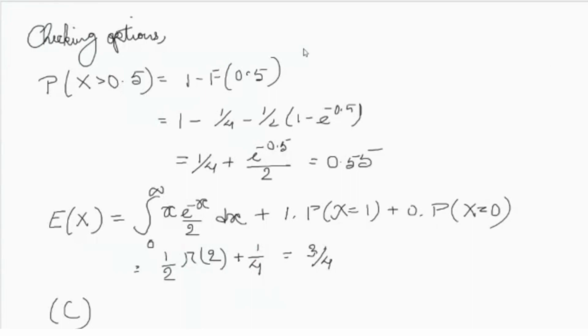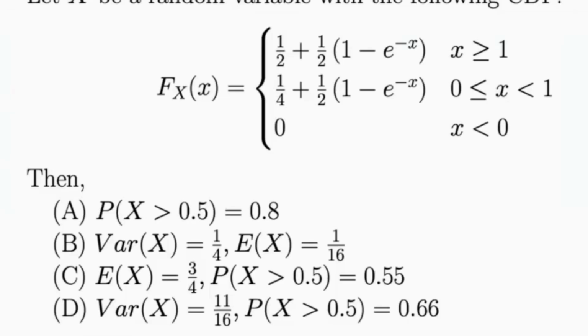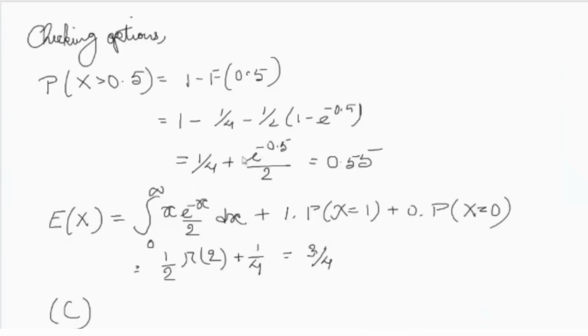First, we check probability X greater than 0.5, which is simply 1 minus probability X less than or equal to 0.5, which is 1 minus F(0.5). We simply substitute x equal to 0.5 in this form, and we obtain 1/4 plus e to the power minus 0.5 by 2, which comes out to 0.55.